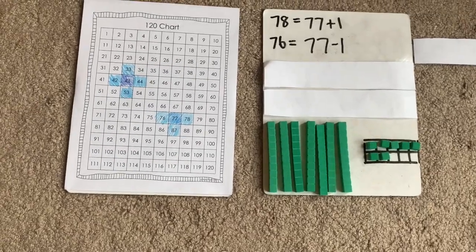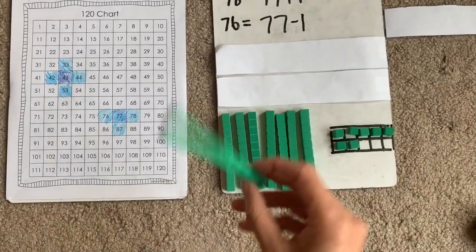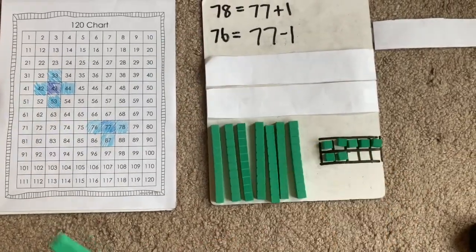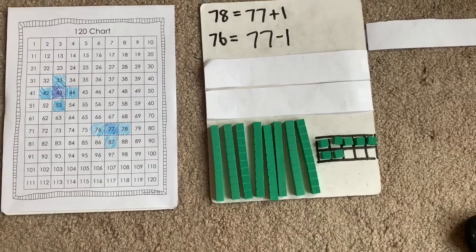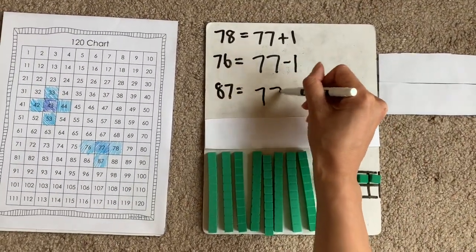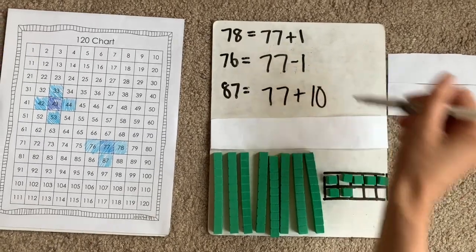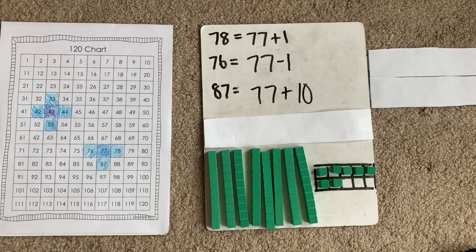That's right, we are going to add one more 10 to make 87. So I'm going to add that here. So 87 is the same as 77 plus 10, right? That made 87.